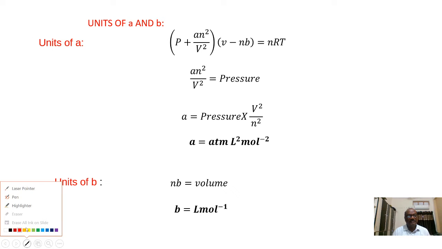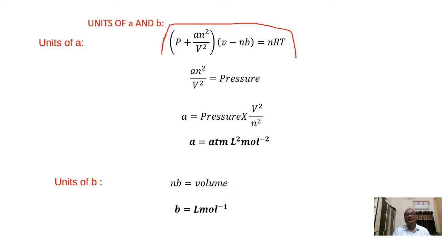Here is van der Waals equation, which is applicable to real gases: (P + an²/V²)(V − nb) = nRT, where V should be the capital.